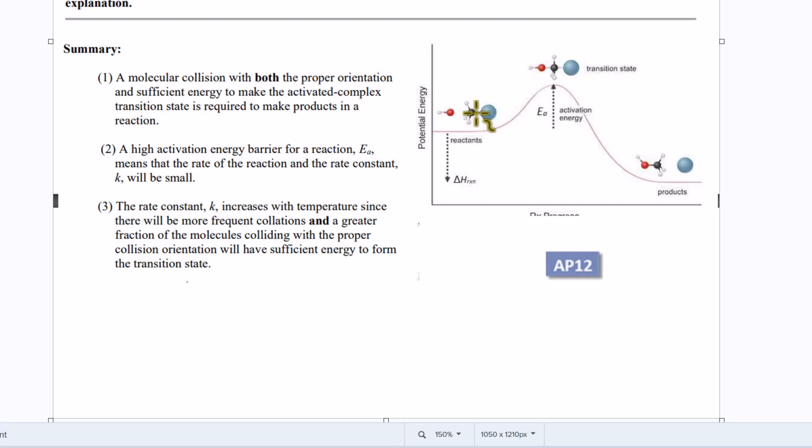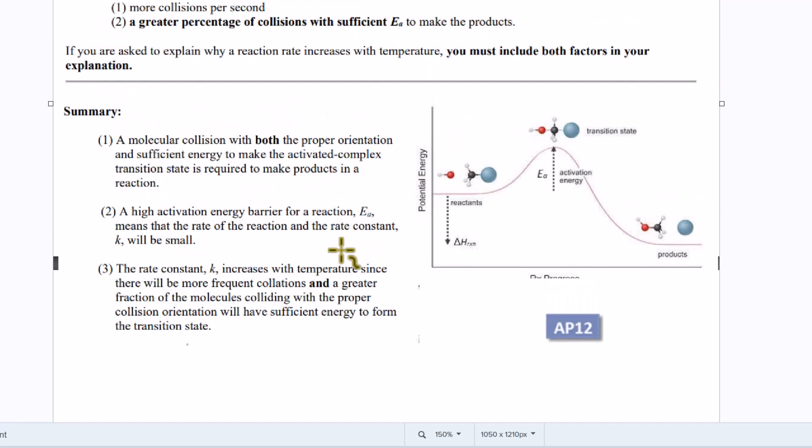And if you're asked on an FRQ what is needed, you need two things to get the successful transition state. And then we end up getting our products. So this is our barrier to getting our products, and the only way you can get up that barrier is with a collision. And collisions involve speed and molecules smashing together.